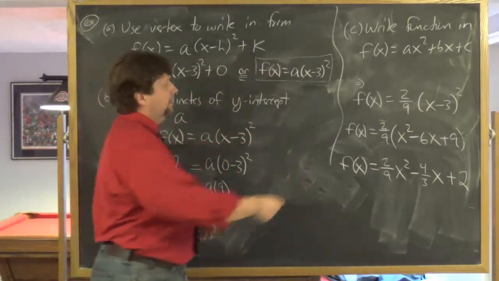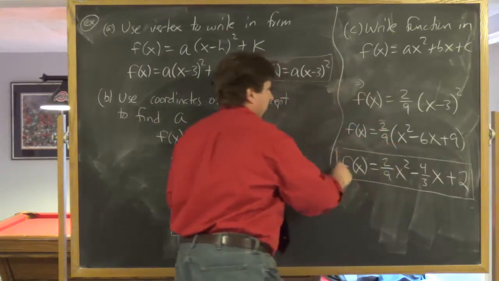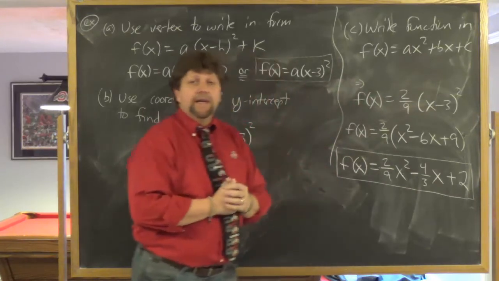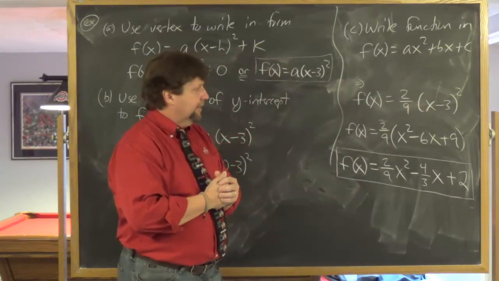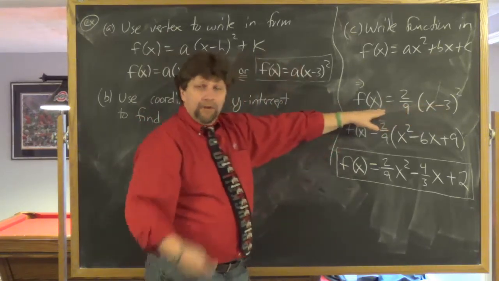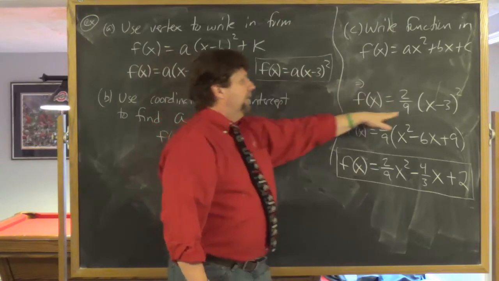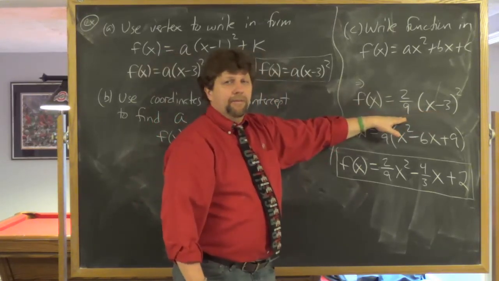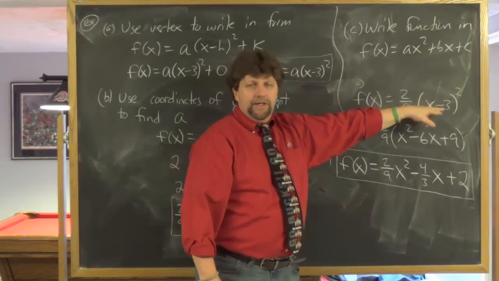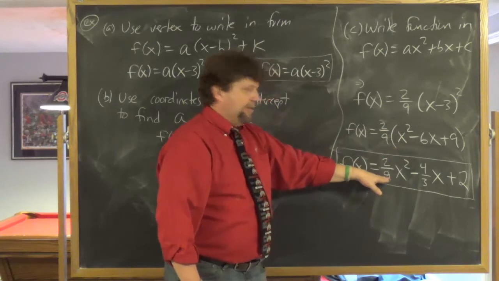And we have the quadratic in the form ax squared plus bx plus c. So notice this would be called the standard form. Once we found the value of a and we tossed it into here, we got the standard form. Then we did the algebra, x minus 3 times x minus 3 to give us this, distribute the 2/9, and we brought it to this form.